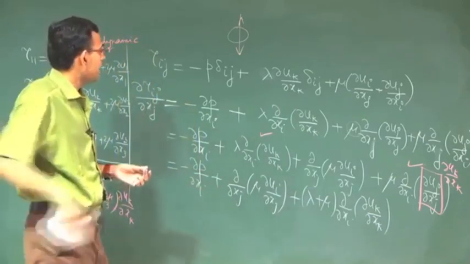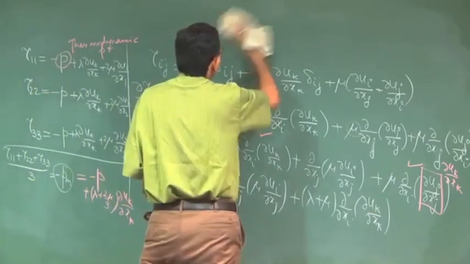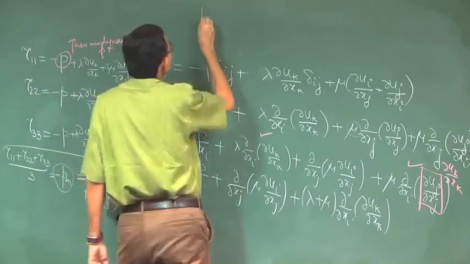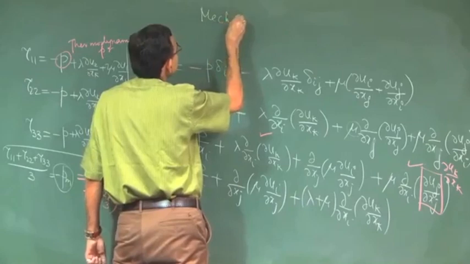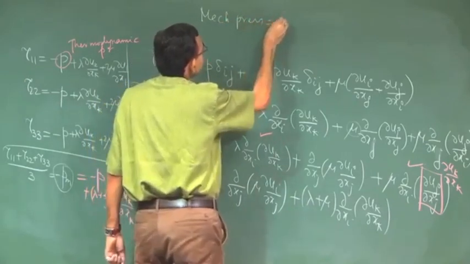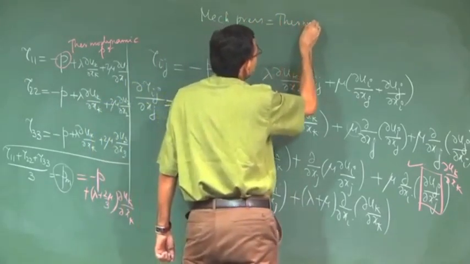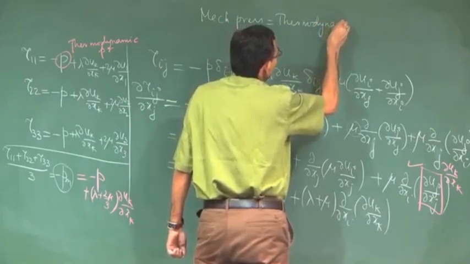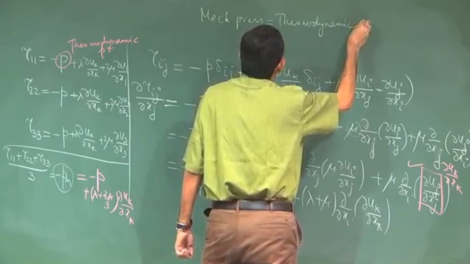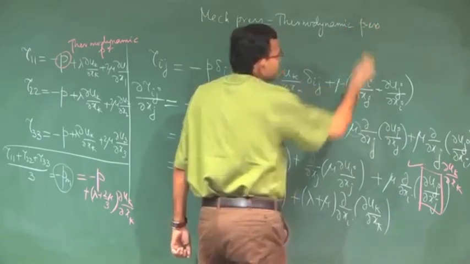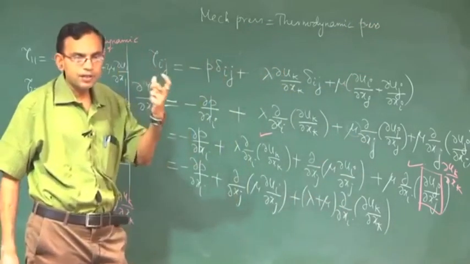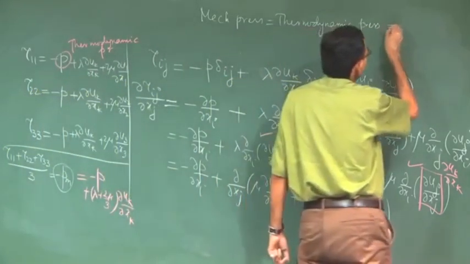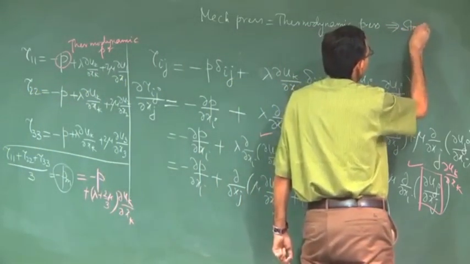So, mechanical pressure equal to thermodynamic pressure is a hypothesis which, for most practical processes where the time scale is not that rapid, will be satisfied, and this leads to something which is called the Stokes hypothesis.